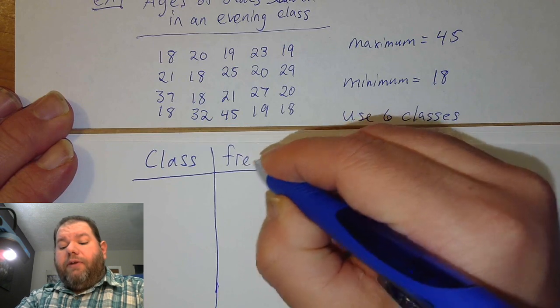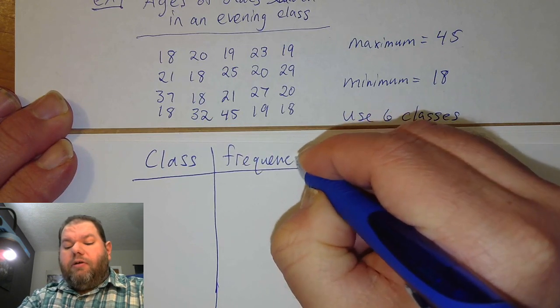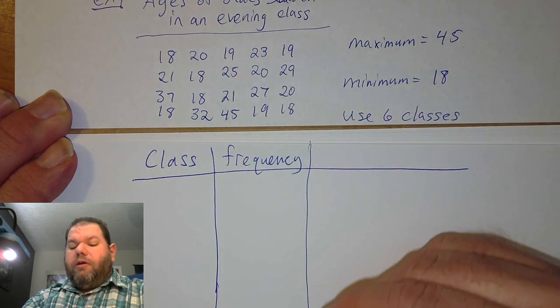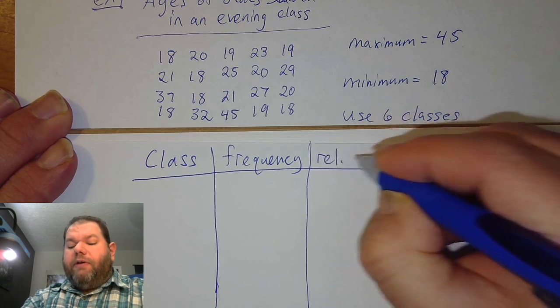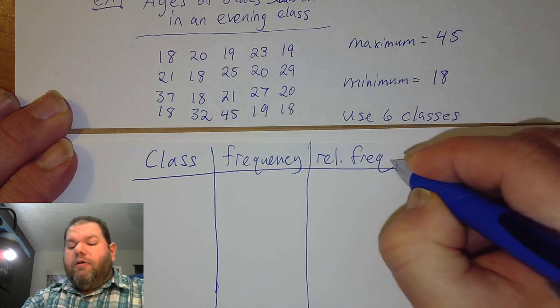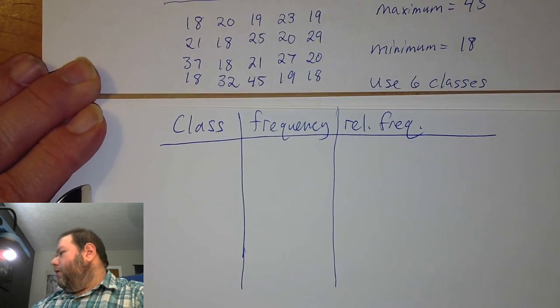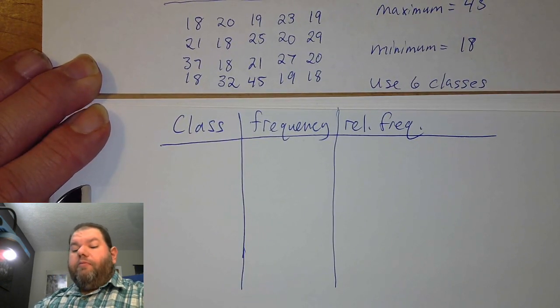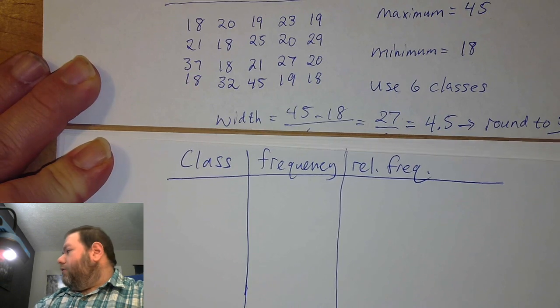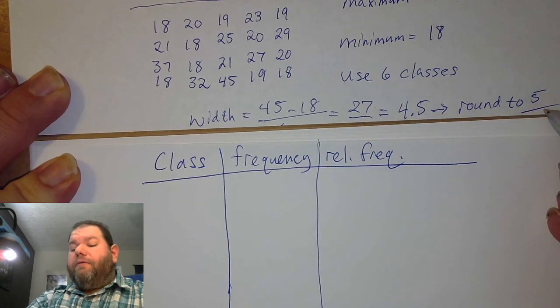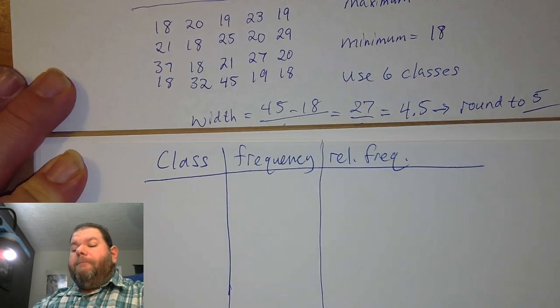This will be frequency and relative frequency. Now, we had said our width was 5.